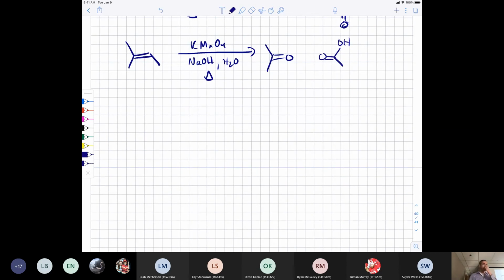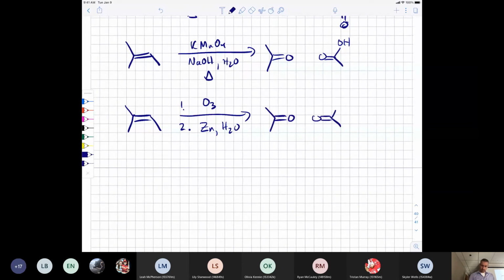You're going to get the carboxylic acid. If you did the same thing, ozone, and then we use zinc and water, it gives you a ketone, same on the left, but the right-hand side gives you an aldehyde.